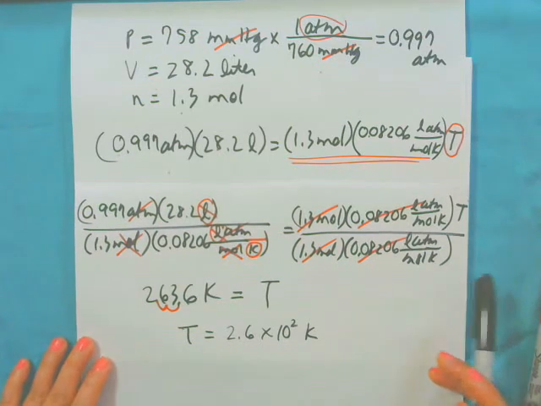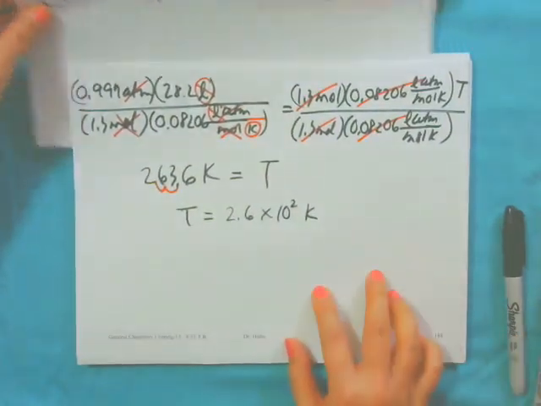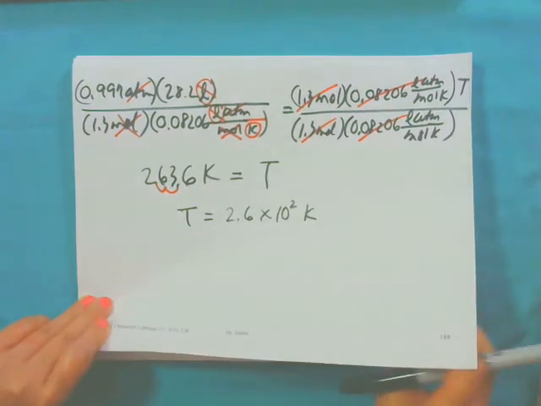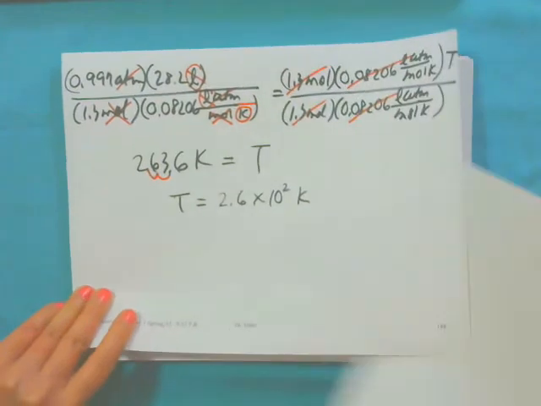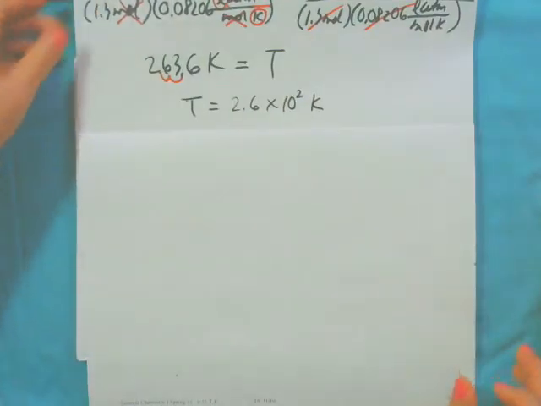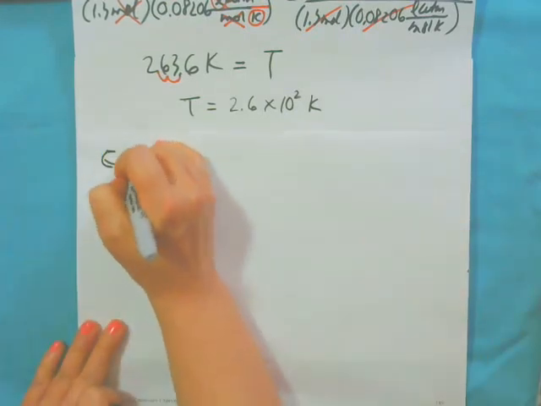Okay, let's take a look at another example. So here's my second example. What I'm going to do is let me go ahead and give you the word problem, and then you can figure out what we're going to do to solve that word problem.